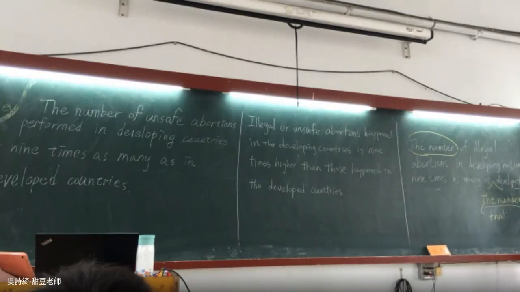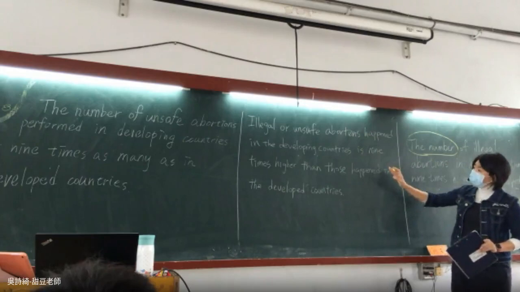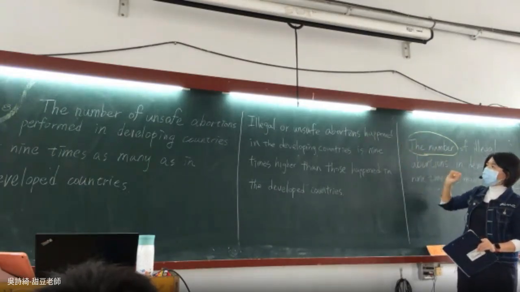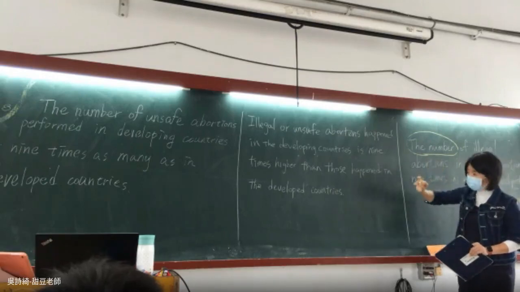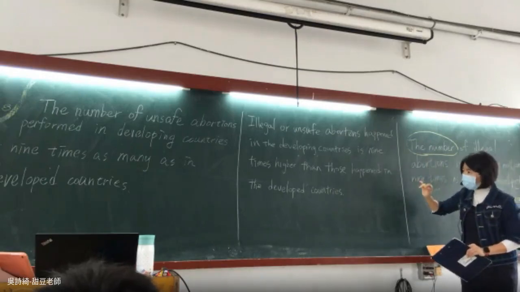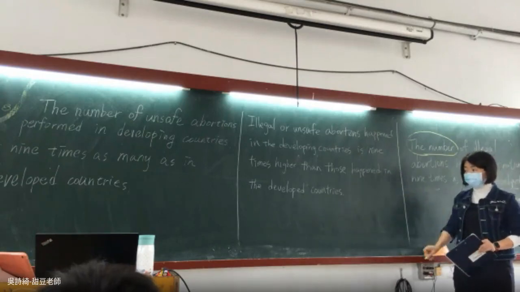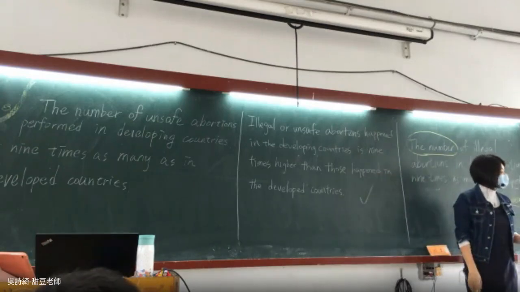That is also okay. Or the second one, same idea, but a little bit different. Illegal or unsafe abortions happen in the developing countries. It's 9 times higher than those that happen in the developed countries. Yes, this is okay.